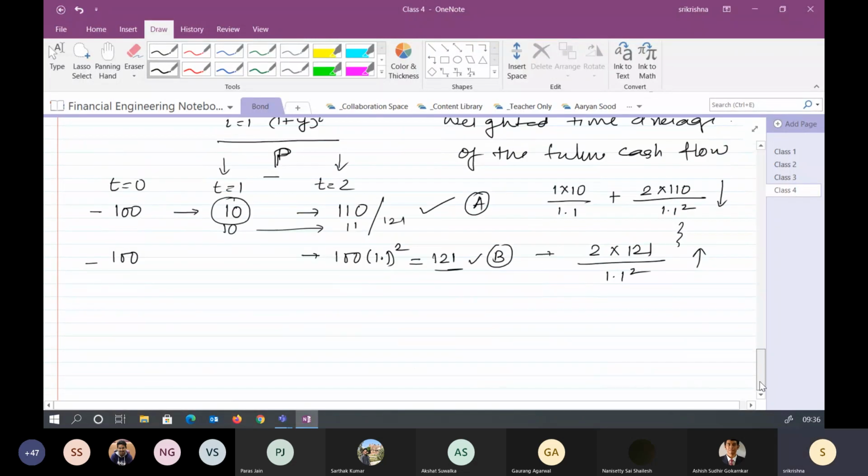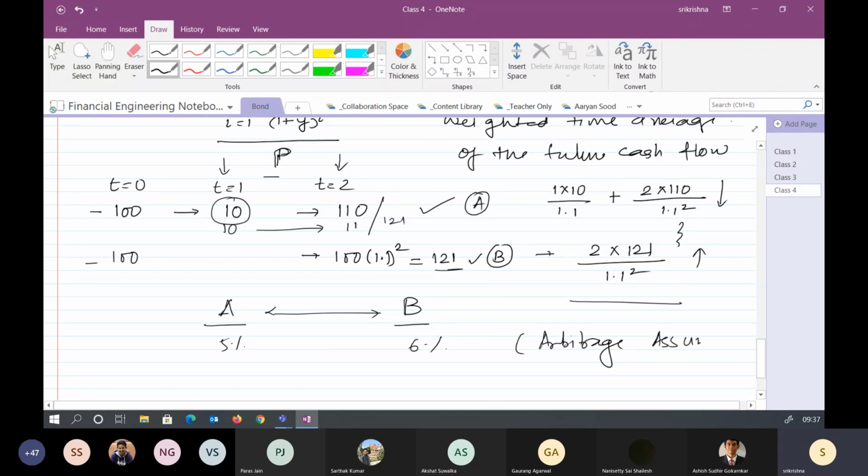Are you getting my point? So you are trying to compare between bonds A and B. Maybe if I say that this is 5% and this is 6% return, then I can always find an arbitrage here.